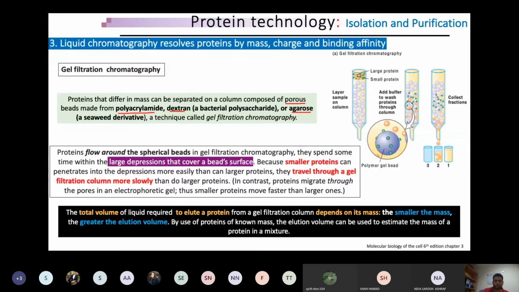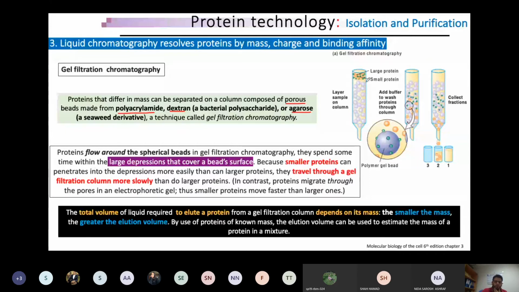There will be proteins with larger size, and there will be proteins that are smaller. The yellow proteins shown here are larger in size. Green dots are shown, which are smaller in size. What will happen? This is a porous column.